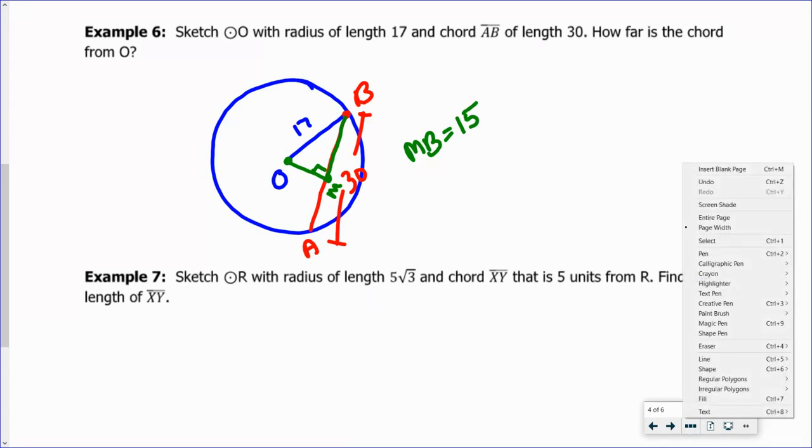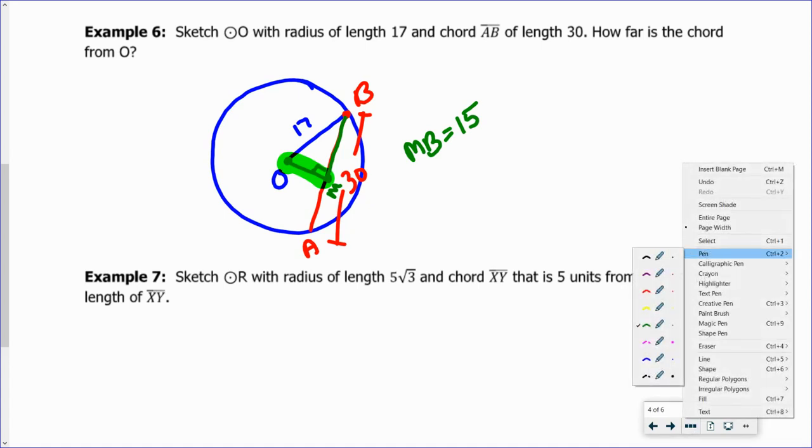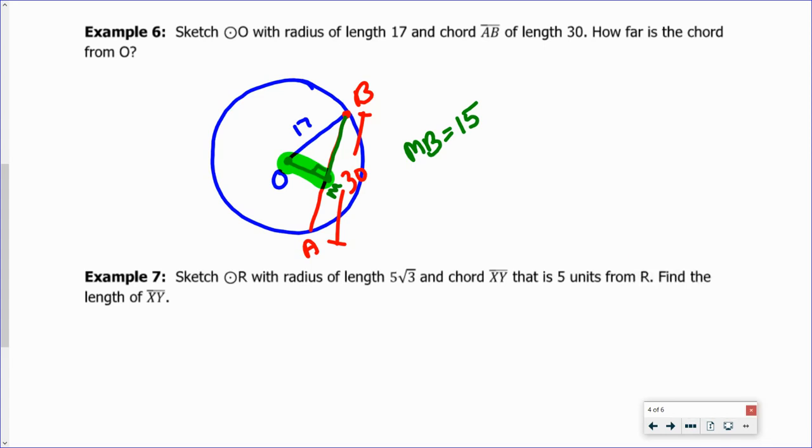And then what we really want to find is the length of OM, because the length of OM is the distance that the chord is from the center. So again, we can use the Pythagorean theorem here. I remember that 17, 15, and 8 is a Pythagorean triple. If you don't, then you could just do the Pythagorean theorem out.